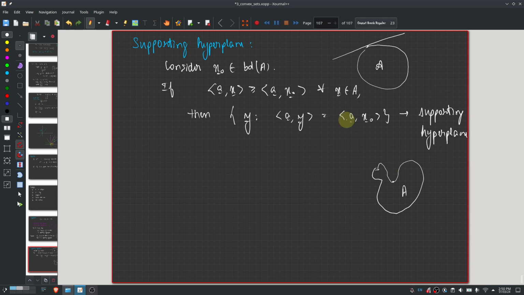But at any of these points, I would be able to construct a supporting hyperplane. On the other hand, if the set A is convex, then at every point on the boundary, I can in fact construct a supporting hyperplane.